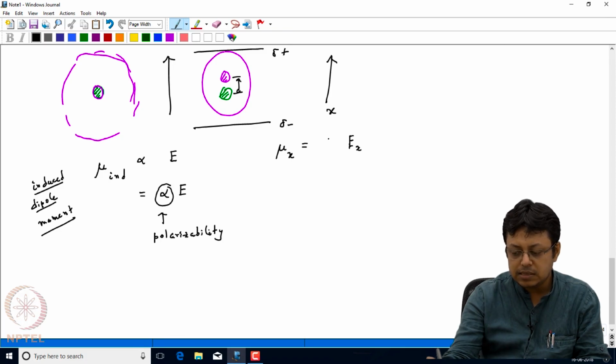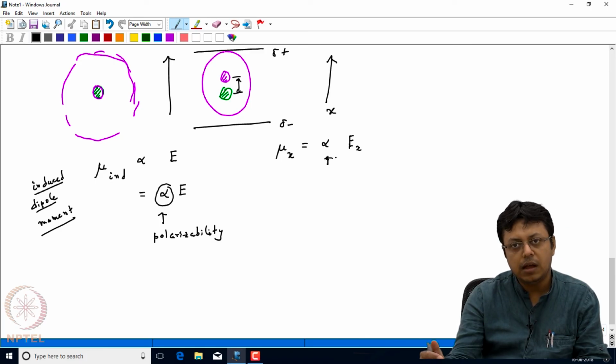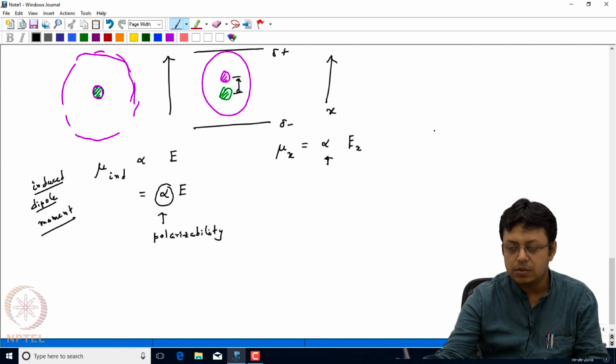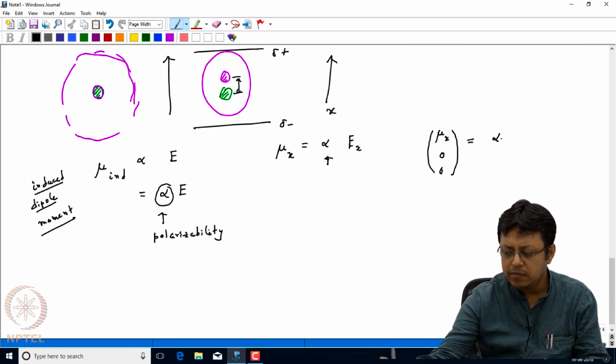In this case alpha is nothing but a scalar, because you have only one component, mu x, and the other two components are 0, which means mu is only along x direction. We can write it as a column vector with x component, and y component and z component as 0.